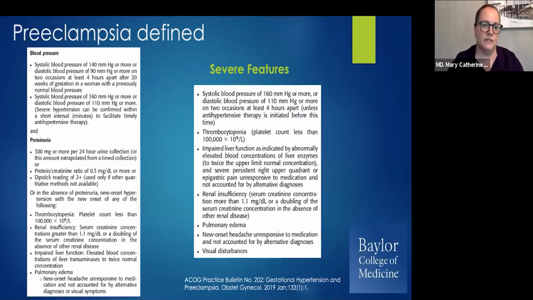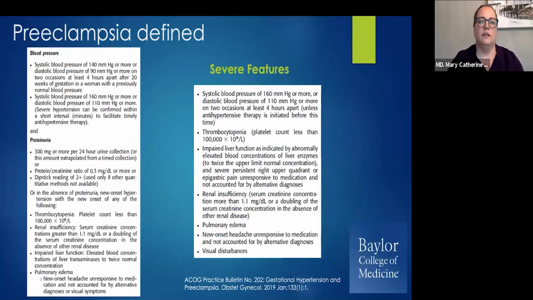So preeclampsia is defined as the presence of elevated blood pressure. So that's systolic blood pressure 140 or more, or diastolic pressure 90 or more. And again, that's 4 hours apart and after 20 weeks gestation. What we call severe range blood pressure would be 160 or 110.